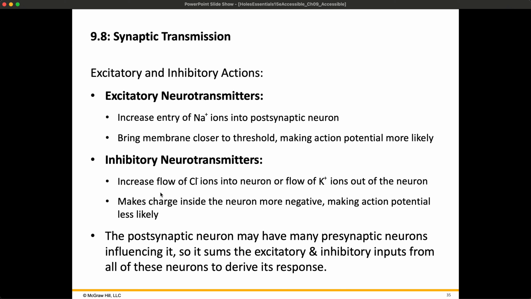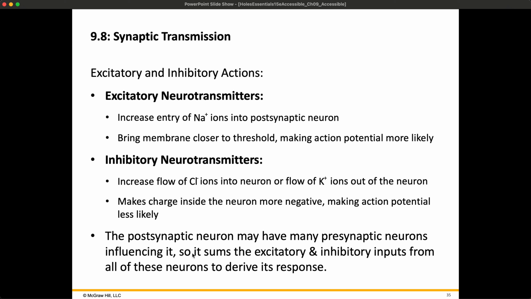Whereas inhibitory are going to increase the flow of those negative ions, chloride in or potassium out, to make the membrane even more negative, making action potential less likely. This happens a lot, for example, in vision in our eye receptors to let us know that it's more and more dark. We'll get an increase in the inhibitory neurotransmitters of those photoreceptors, and our body processes that as a darkening.